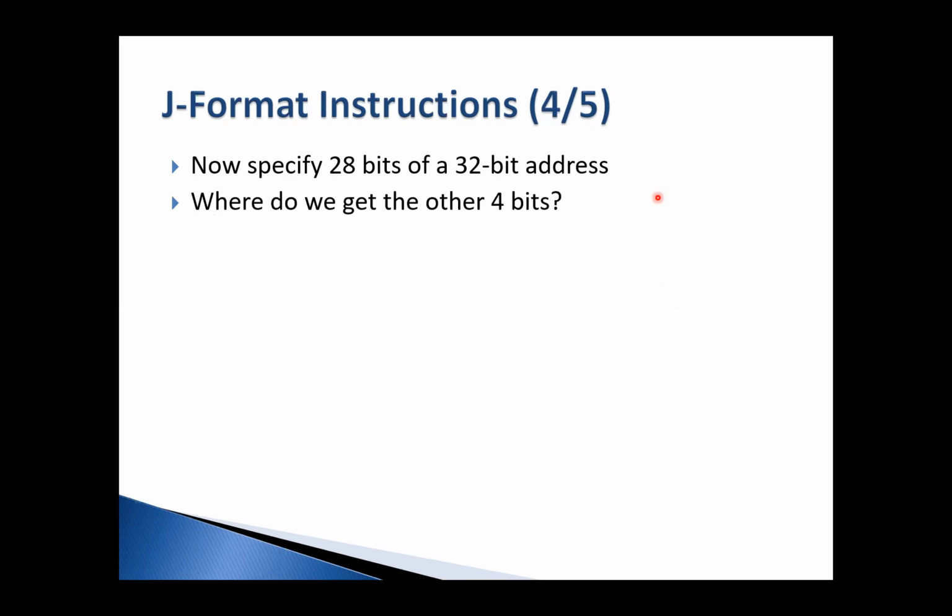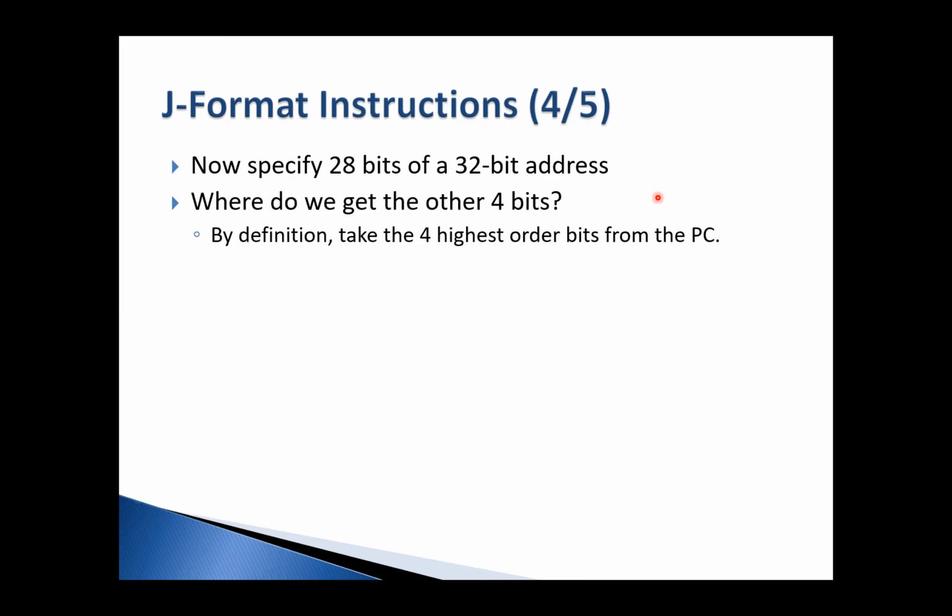What can we do? Okay, so we're kind of taking a stretch here now. Yes, our goal is to be able to jump to anywhere in the memory. But in reality, we cannot do this because of the limitation of the 28 bits available for the instruction label. So what can we do?